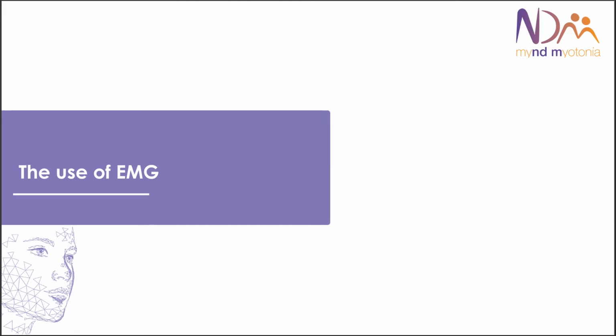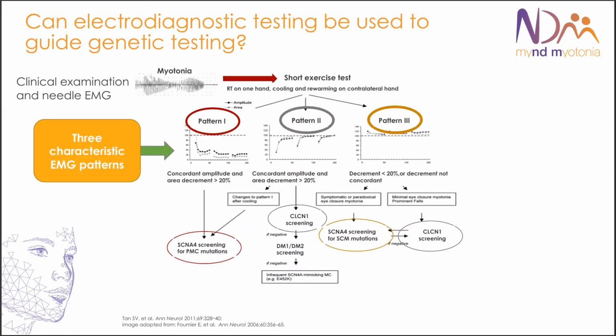The use of EMG. The question: can electrodiagnostic testing be used to guide the genetic testing? The answer is yes, because after clinical examination, we need to perform a needle EMG, and you can see the myotonia graph.